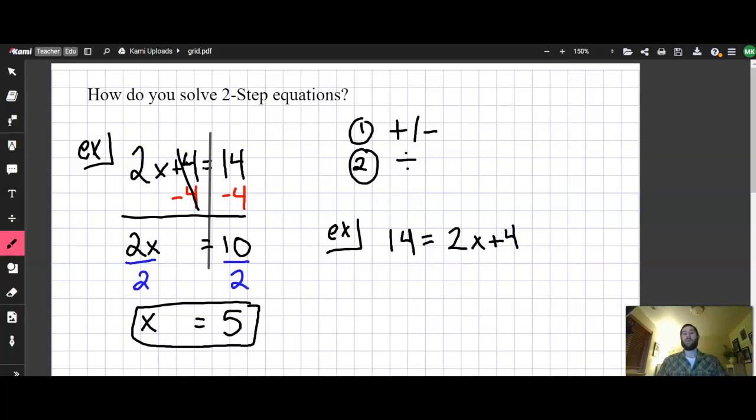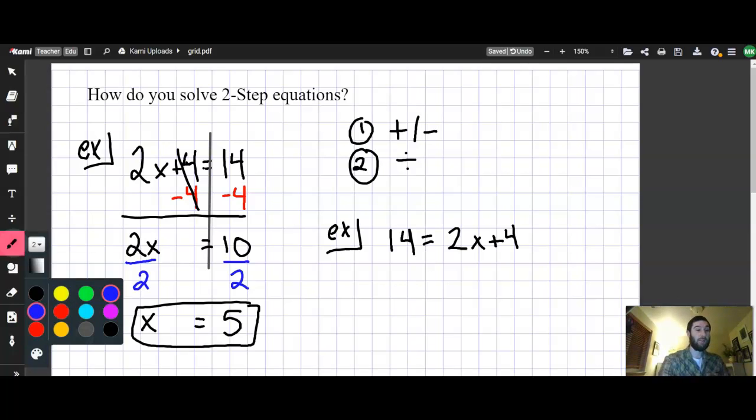Which side the 14 is on does not matter because all of the steps between these two examples are exactly the same. And so you still subtract by 4 first. You still divide by 2 second. The only thing that is different is which side your 14 is on. That's it.